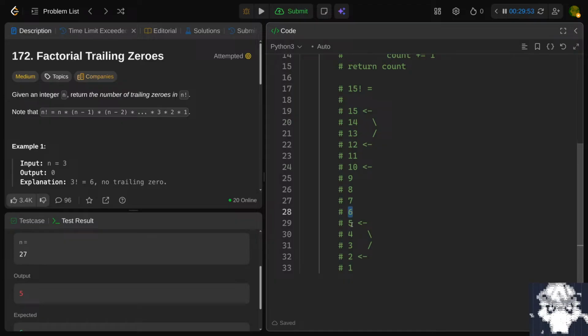The even numbers can also create multiples of 10 once you have 5 of them. So for every 5 even numbers, it's not every 5 even numbers, it's every 5 multiples of 2.